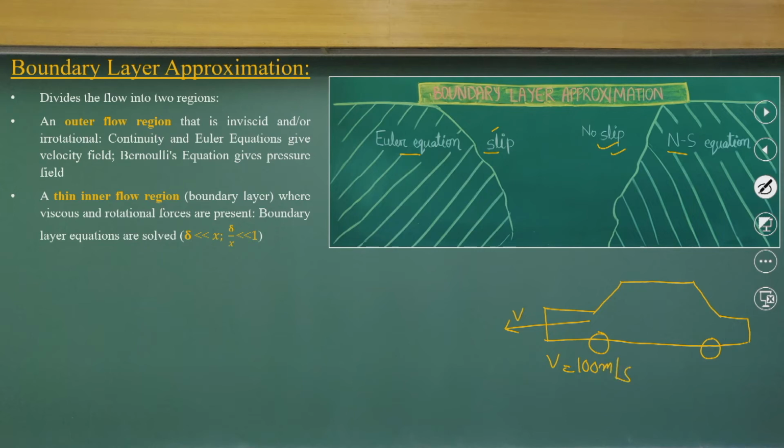If I have a car moving with the velocity v, then with our understanding you will have the opposite: a free stream velocity v and the car at rest.